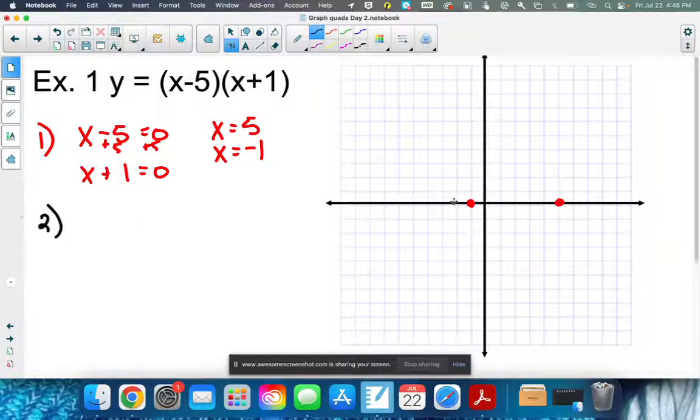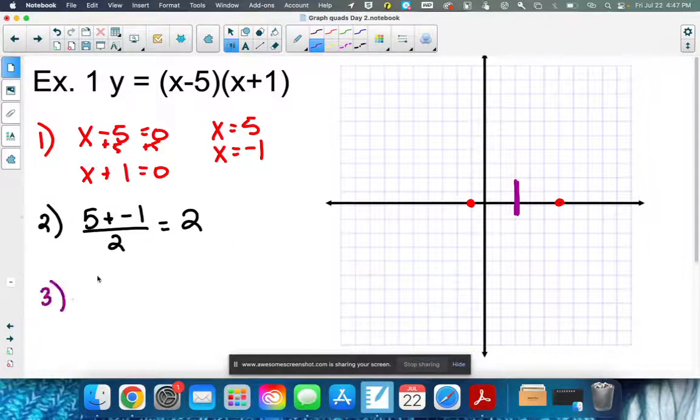There's a couple of ways. You can count squares, or you can add them together and divide by 2. So 5 plus negative 1 divided by 2. You're basically finding the average between the 2 points, and that should be 2. So the middle of my function is at x equals 2. There's where my axis of symmetry is going to be.